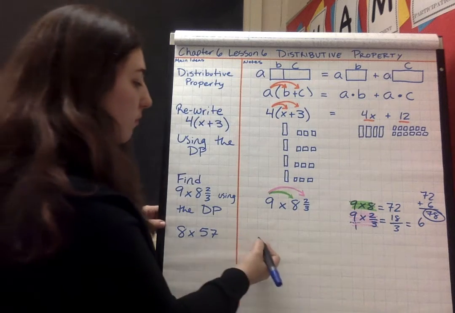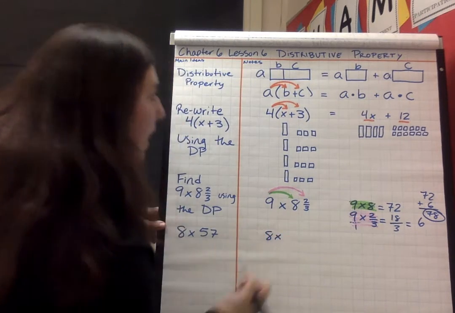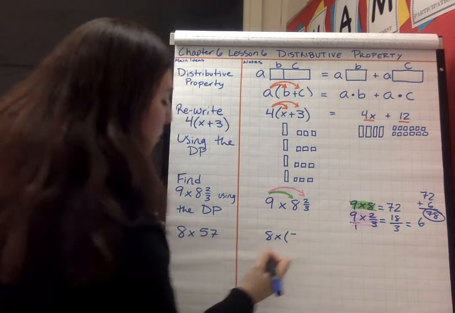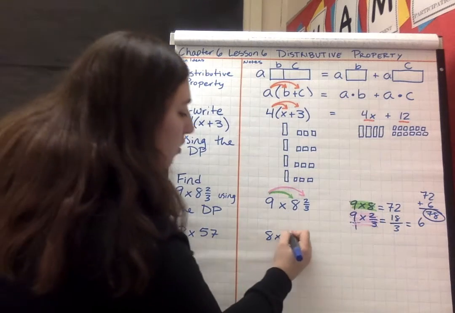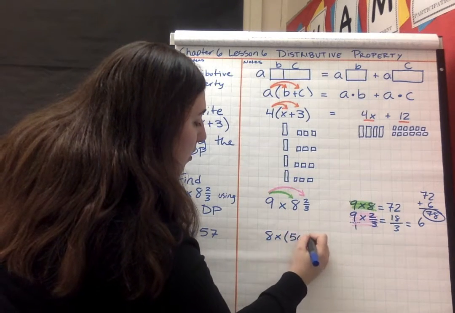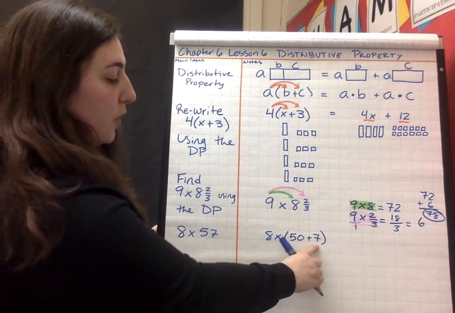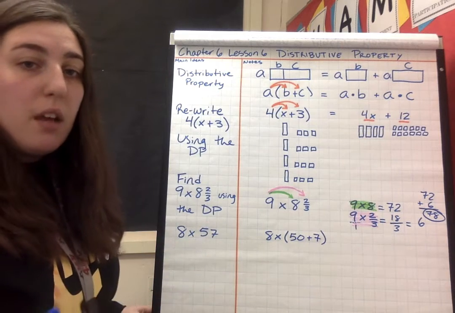Okay? So I have 8 times, I'm going to break up the 57 into 50 and 7. So 8 times 50 plus 7. Because if I add 50 plus 7, I'll get 57. So I'm not changing any of the numbers.